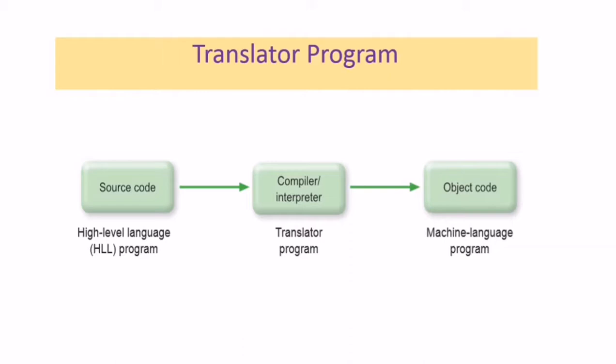The source code, means the high level programming language you have written, will be converted through the compiler or interpreter using the translator program into the object code, means machine code, machine language program. Then the computer understands your high level source code. So if you want to write a program in a high level language, you need a conversion software or translator software.